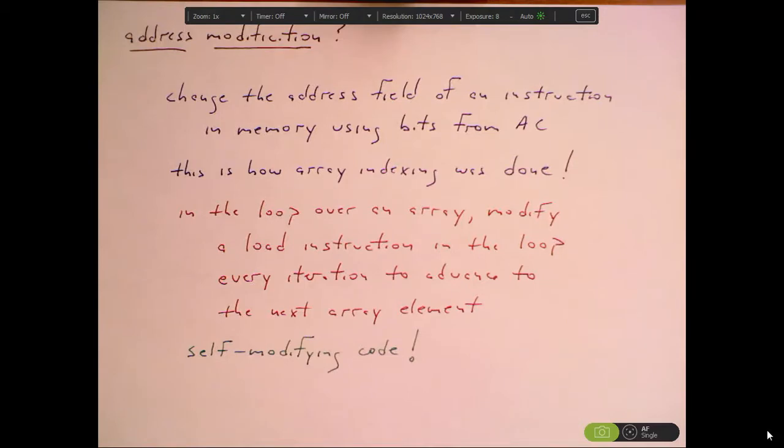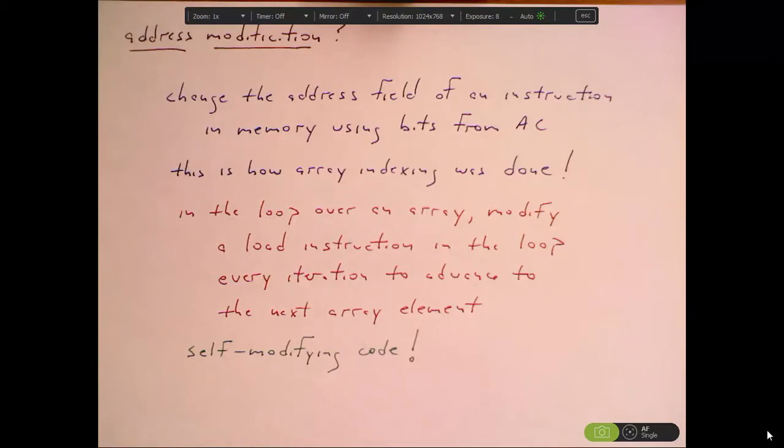And this was included as a way to do array indexing. So you'd write a loop to loop over an array, access all the values in the array, and inside the loop would be one instruction to modify a load instruction in the loop, so that every iteration you would advance to the next array element by updating the address field of the instruction that referenced the array.